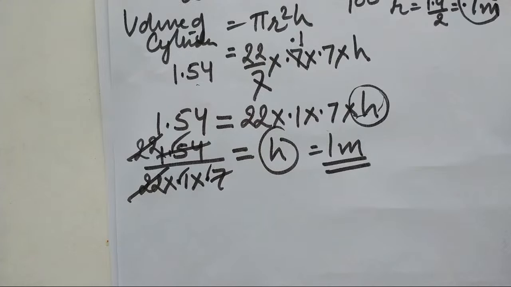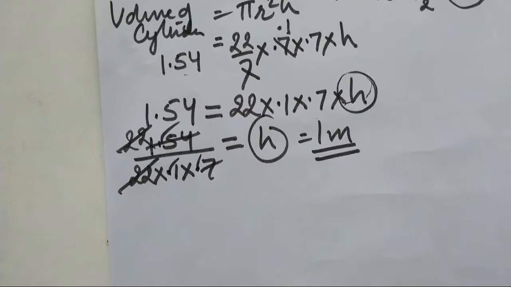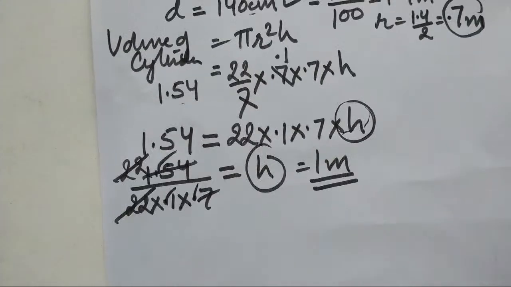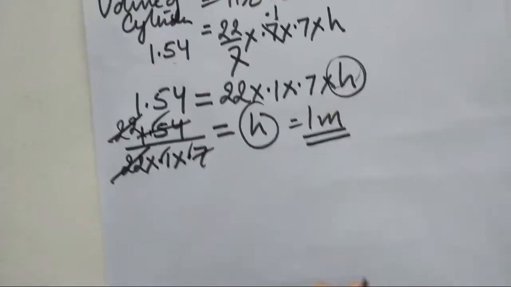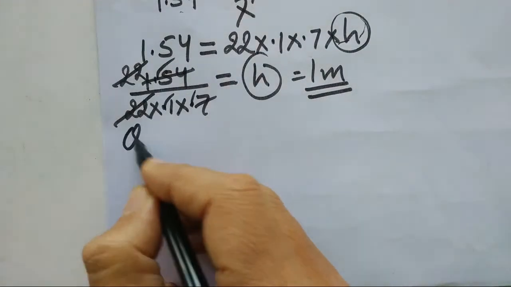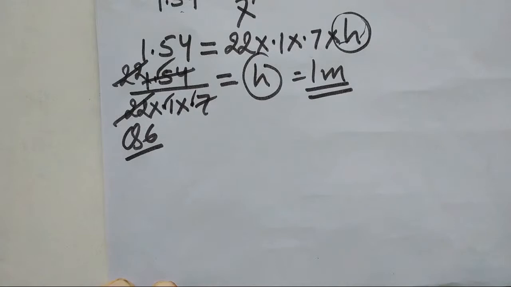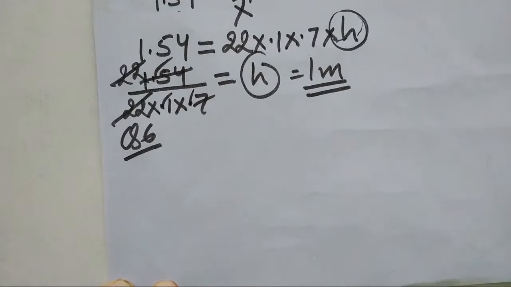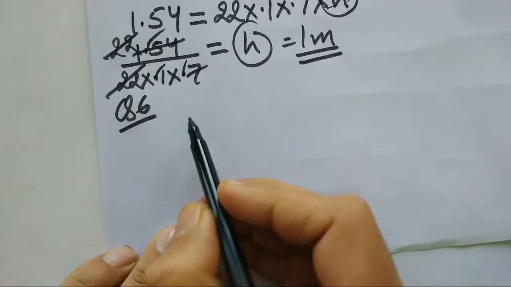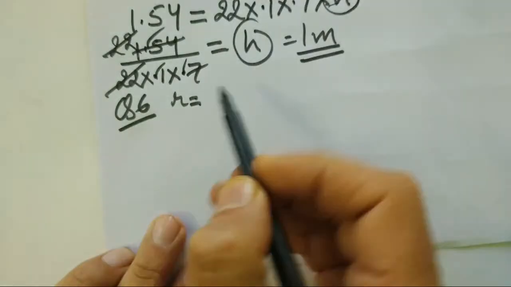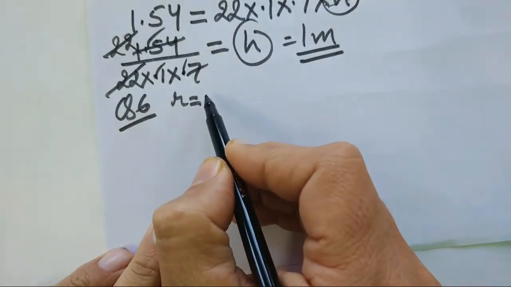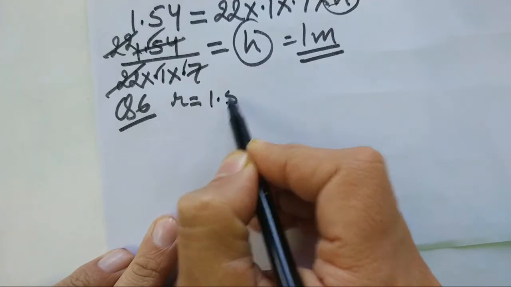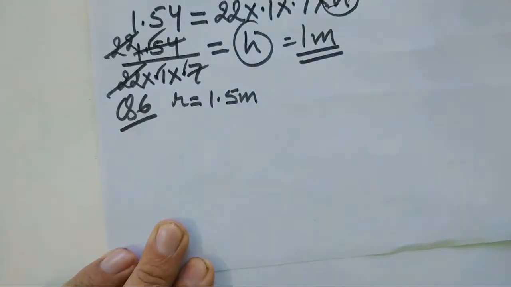And if you are told to find the volume in liters, you will convert everything into liters. Like question number 6. In question number 6, there is a tank which is in the form of a cylinder, and the radius of the tank is given 1.5 meter. This is important.